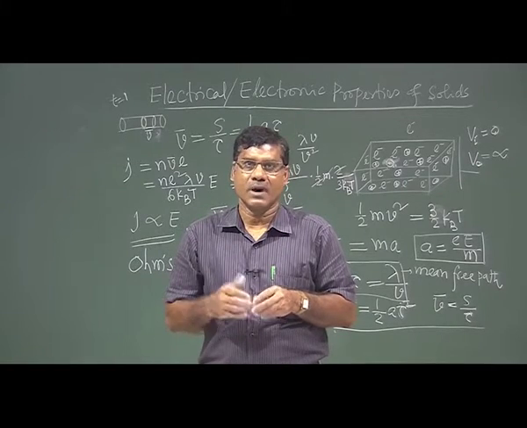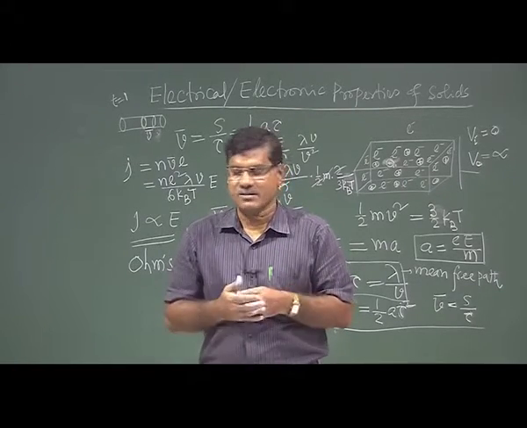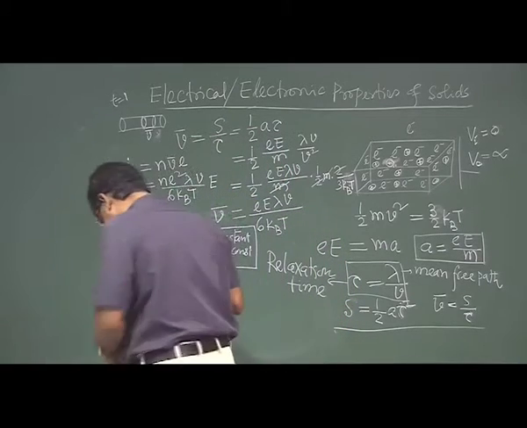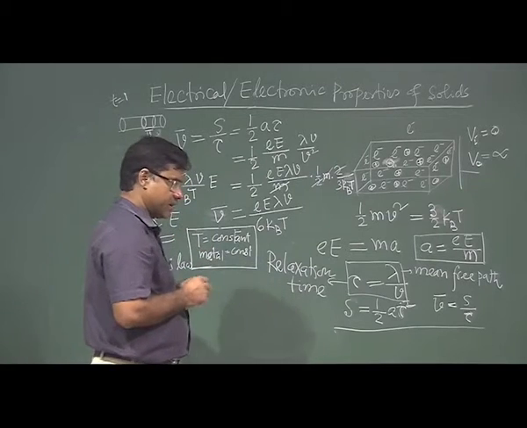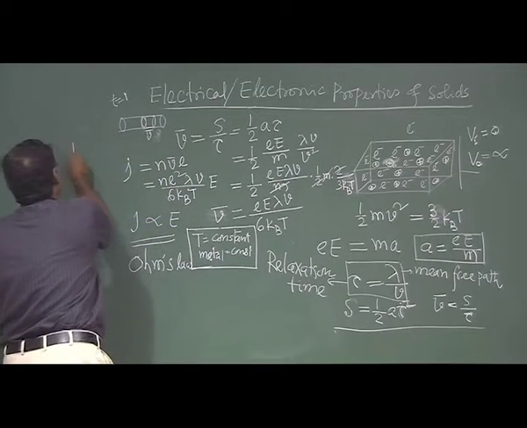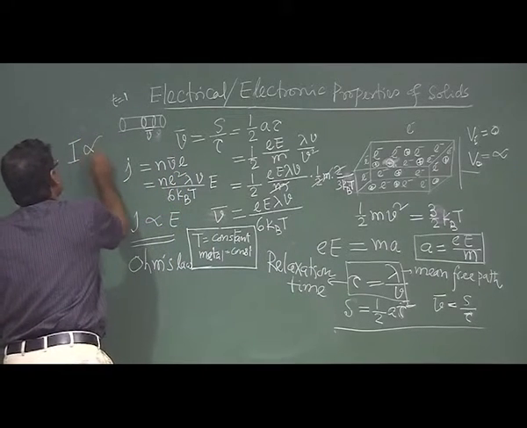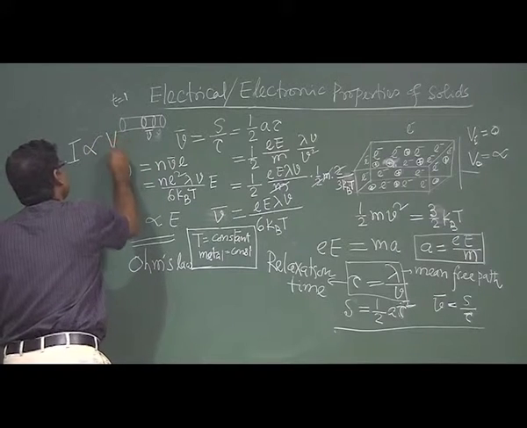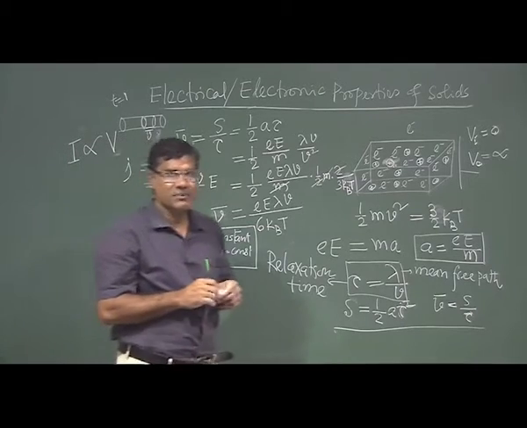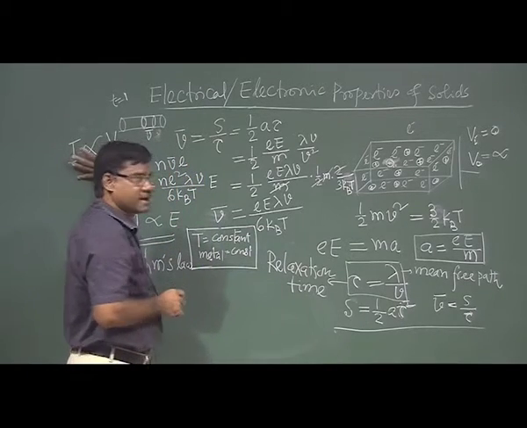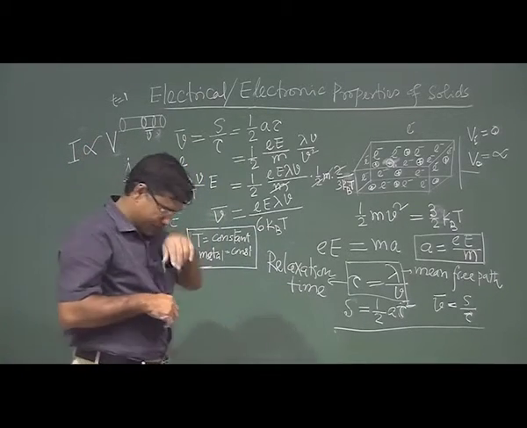But why does it behave like this? Why is current density proportional to electric field, or current proportional to V, this potential? We are familiar with this form.